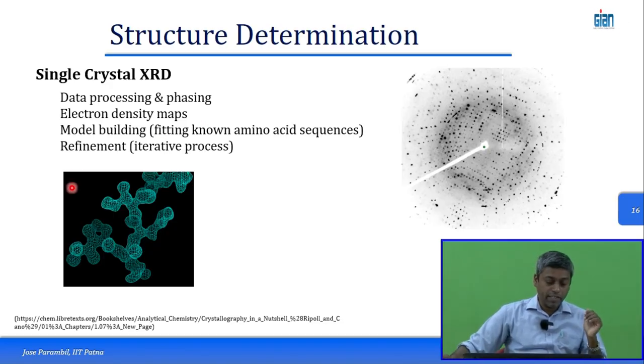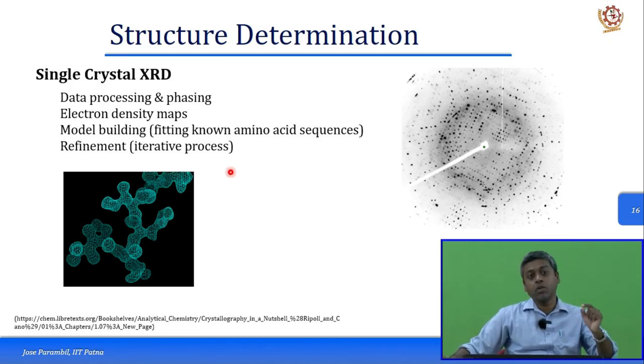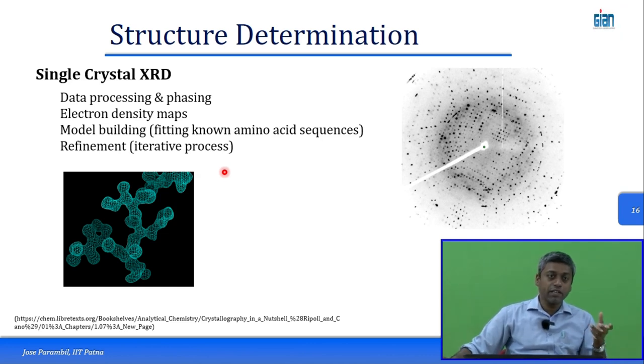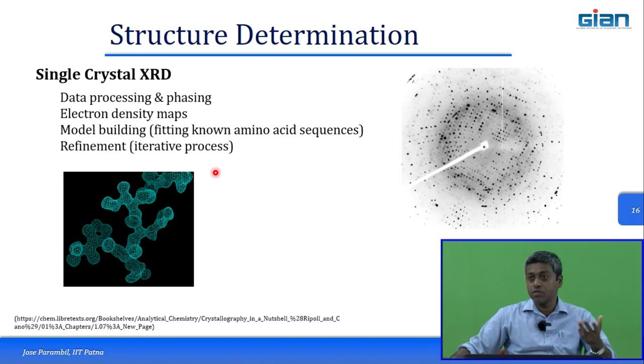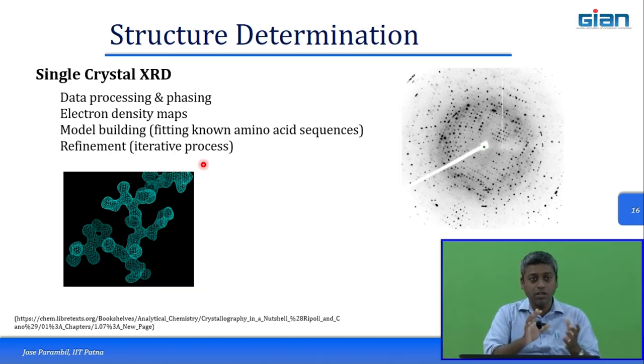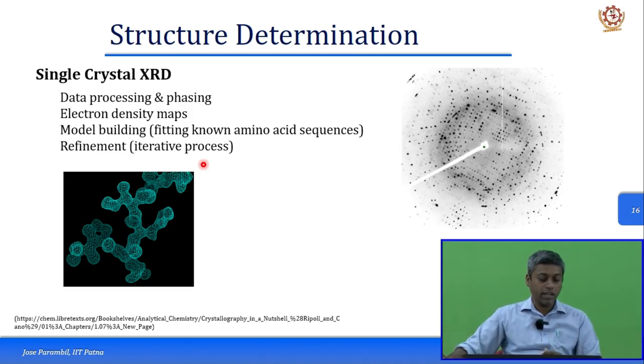This could be a three-dimensional electron density map, and as I told you, it primarily gives you where the electrons are concentrated. Various atoms having different numbers of electrons would have different signature densities.